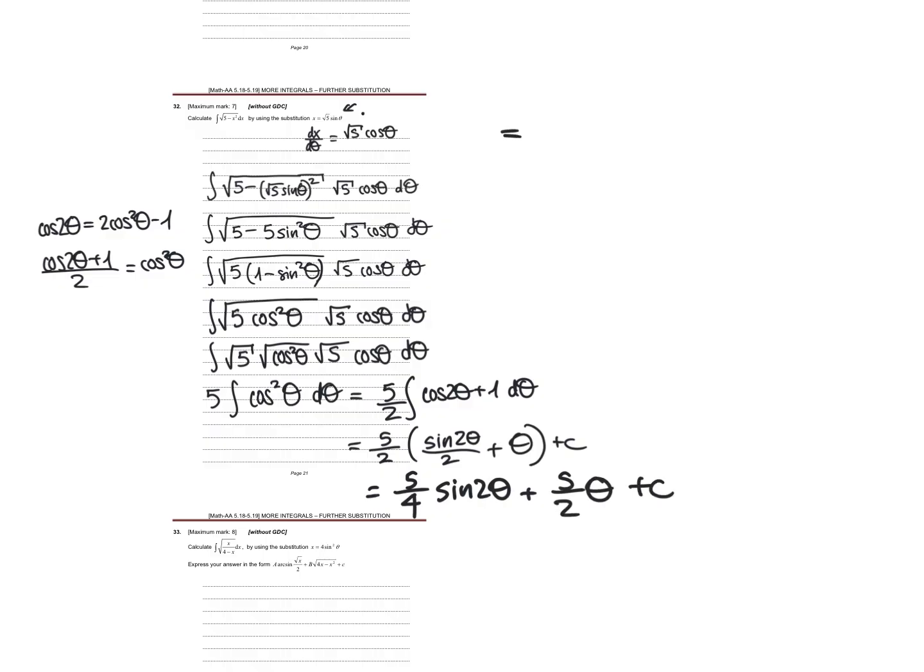So we need to solve this for theta. So it's going to be x over root 5 is sine theta. So sine inverse.